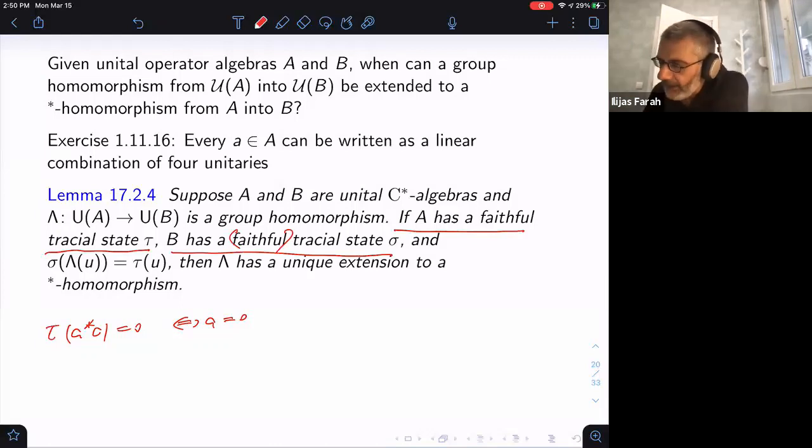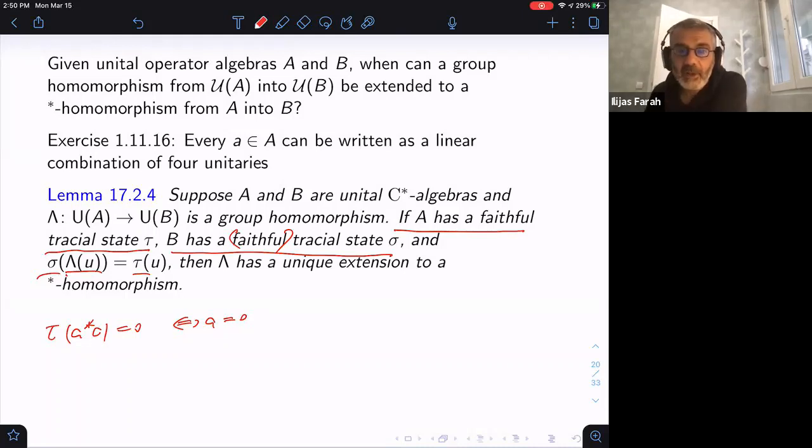But anyway, and you see lambda preserves the faithful trace. So if you compose lambda with sigma, you get tau. Then lambda has a unique extension to a star homomorphism.